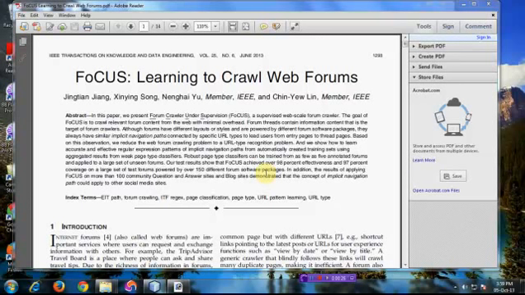In this paper, the scope of the project is that we reduce the web forum crawling to a URL type recognition problem. Crawling a web forum means retrieving a number of URLs. You first enter the entry URL to retrieve the thread pages for n number of pages, like 1000 and 2000 forum pages.